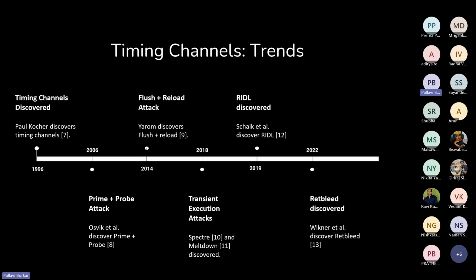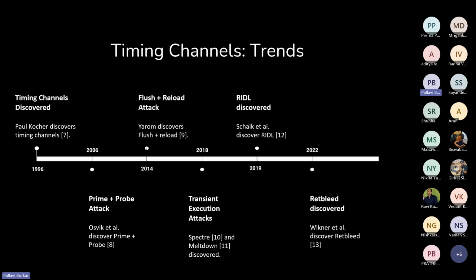Since their discovery in 1996, older trends in the timing channels actually focused on exploiting differences occurring due to inherent behaviors, such as the cache hit and miss, which is exploited by the prime and probe, as we saw. However, recent trends in timing channels tend toward exploiting speculation in modern processors, making these attacks more sophisticated and critical, while also making the mitigations more expensive.